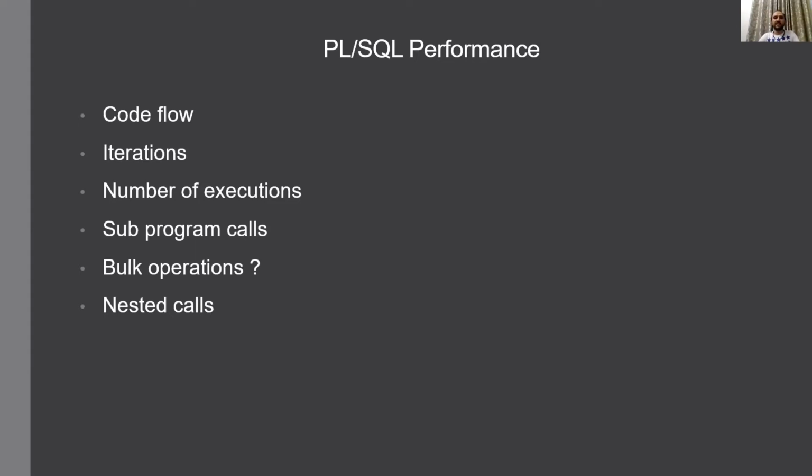It could have multiple nested calls. So when you're given production code which you didn't develop, but you are asked to debug and find where the bottleneck is, what do you do? If you are working in the Oracle world, one report which everybody uses is the AWR report. We always generate AWR reports to understand what's going on.